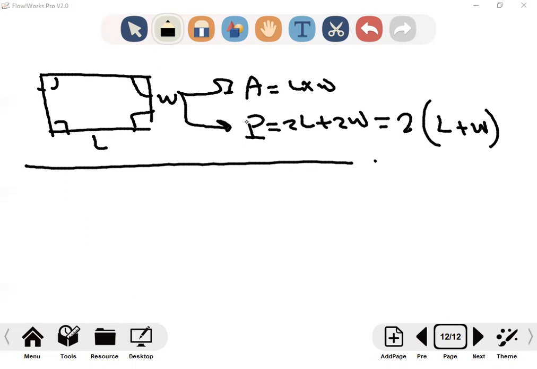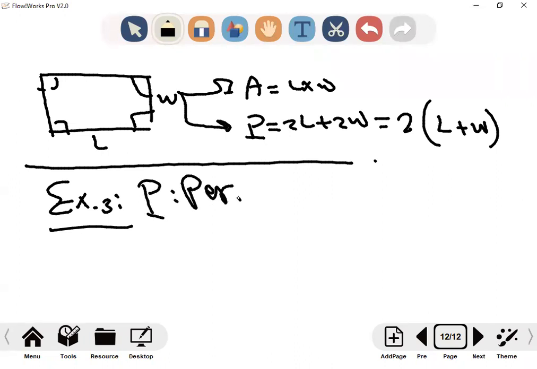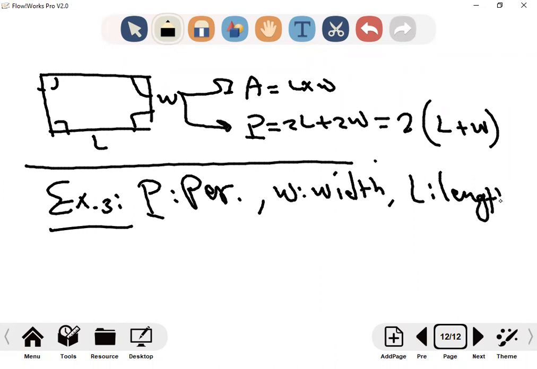يلا. The perimeter is, I'm on example 3. P is what? Perimeter. W is what? Width. And L is what? Length. They said the perimeter is.